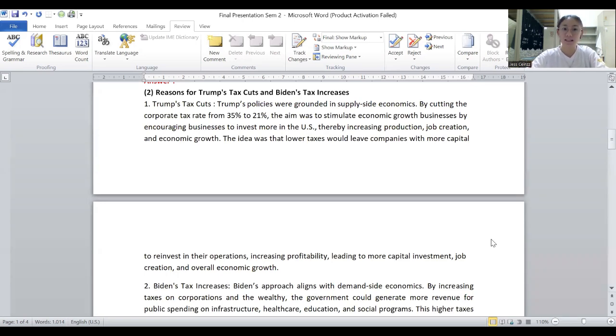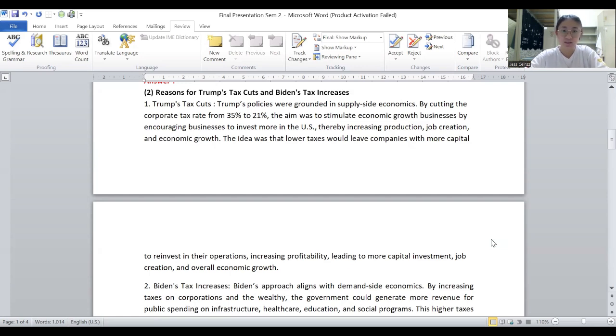By cutting the corporate tax from 35 to 21%, the aim of Trump's policies was to stimulate economic growth by encouraging businesses to invest more in the US, thereby increasing production, job creation, and economic growth.